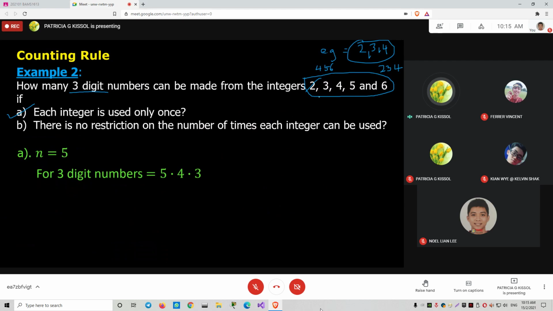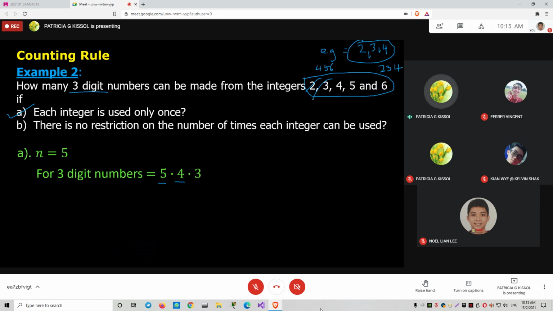No, let me rephrase that. If you have chosen the number 2, that means you only have 3, 4, 5, and 6. That is 4 numbers. At first you have 5, because our n is 5, but once you have chosen one number, only 4 numbers are available.